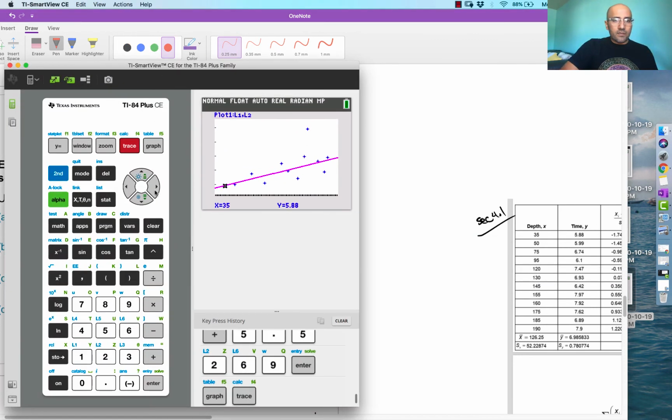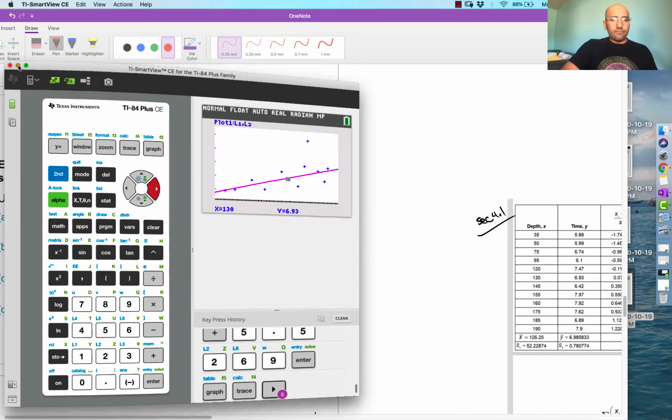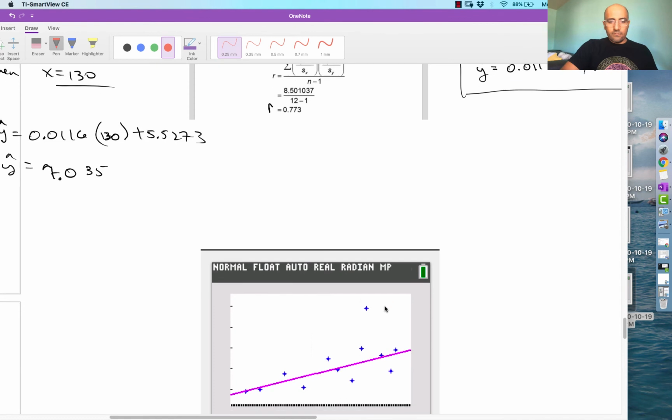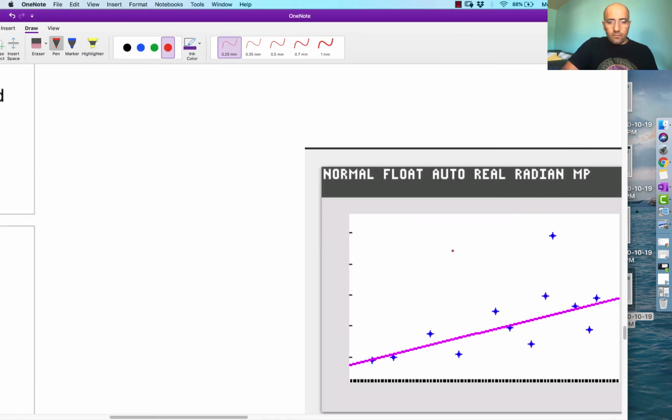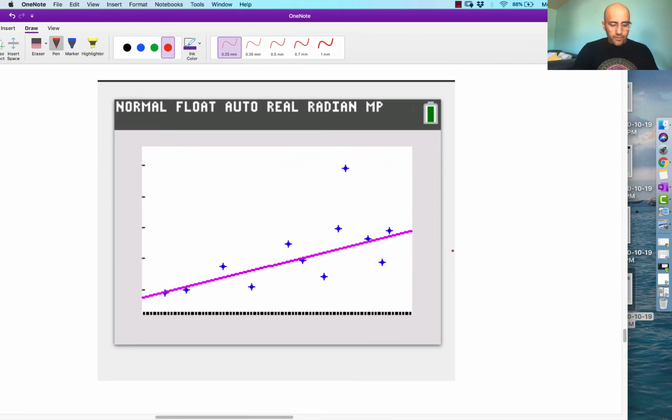Let's go to trace, and then 130 is that one. Oh, great. It was really close to the magenta, so it's going to make it kind of hard to visualize, but okay. Apparently, this is an input value of 130.